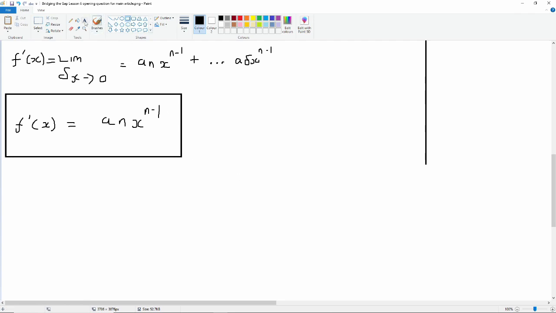And these two concepts are that the sum of limits is equal to the limit of the sum.